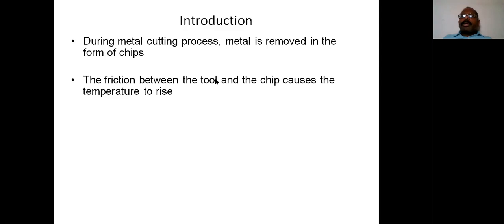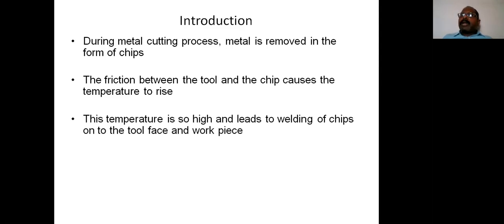So how do we control the increase in temperature? As I explained, by applying a layer of liquid or a flow of fluid. That process controls the rise in temperature between the tool and job. This temperature is so high that it leads to welding of chips onto the tool face and workpiece.